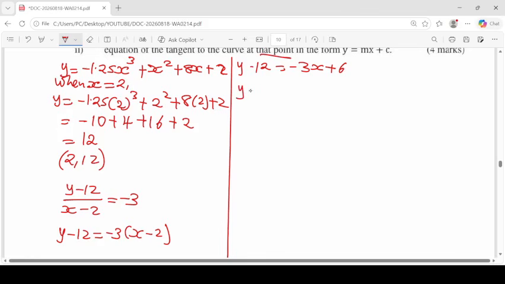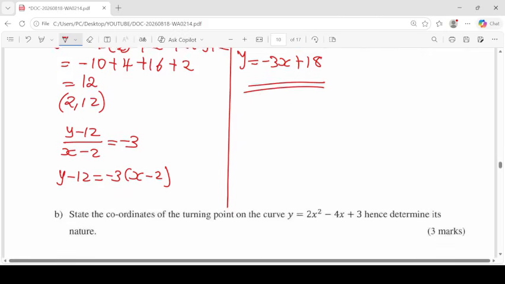You'll have y is equal to negative 3x plus 6 plus 12. So y is equal to negative 3x plus 18. So that is the equation: y is equal to negative 3x plus 18. You are done with that case.